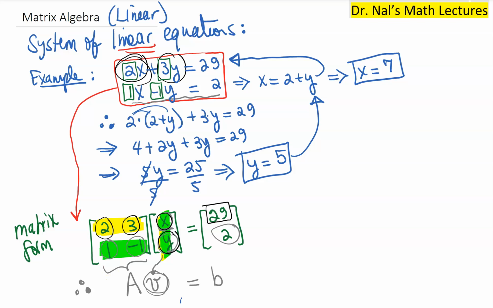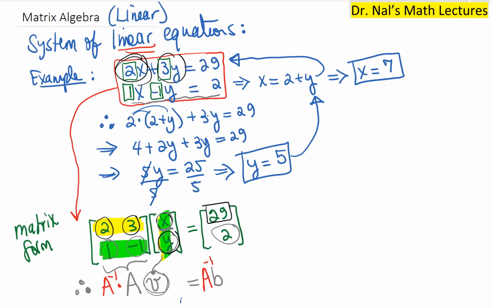Let me use a different color so you guys have a clear idea. I'm going to multiply the left hand side of this matrix equation with the inverse of that matrix A, whatever that means, and we will do the same thing on the right hand side as well. That's it.